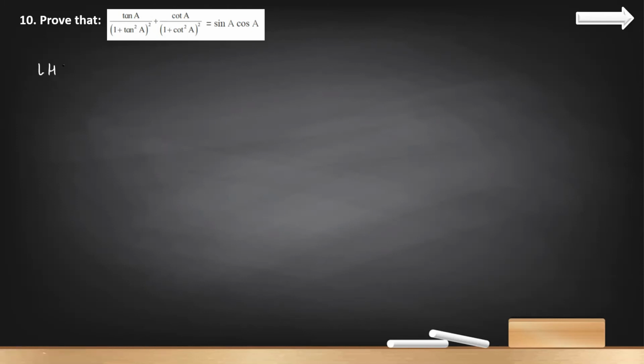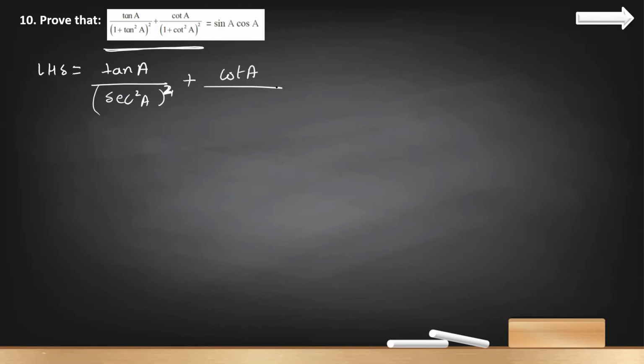Let us start with the LHS. Now, if you observe the LHS, already two identities can be substituted over here. So I'll directly write with the help of identities. So LHS is equal to tan theta upon 1 plus tan square A, which is equal to sec square A, whole square, plus cot A upon 1 plus cot square A, which is equal to cosec square A, whole square.